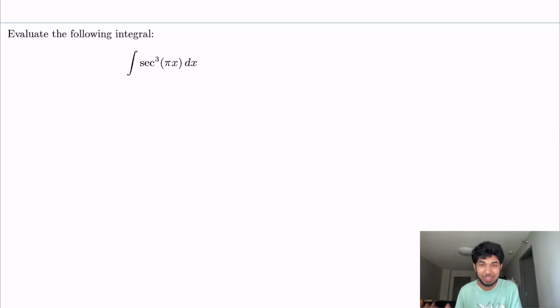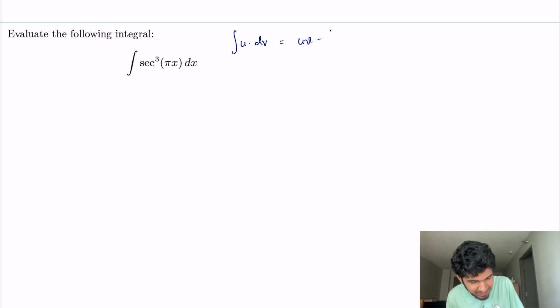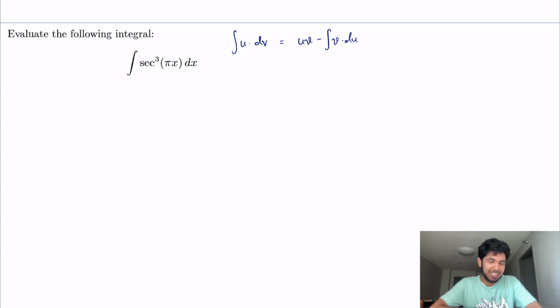So we need to choose a u and a dv. Let me just write down integration by parts again. Integral of u dv is equal to uv minus the integral of v du. And if you haven't watched my video on integration by parts, go watch that. You have to know integration by parts, and then come back to this.